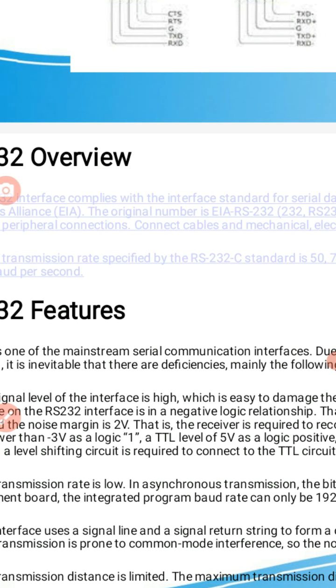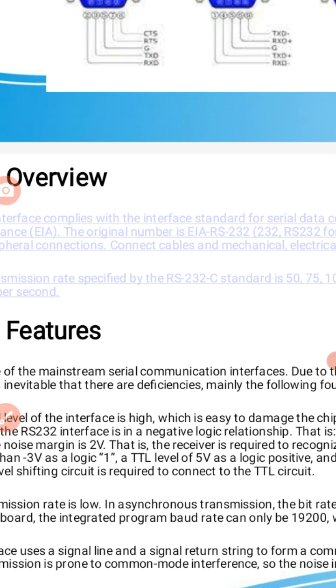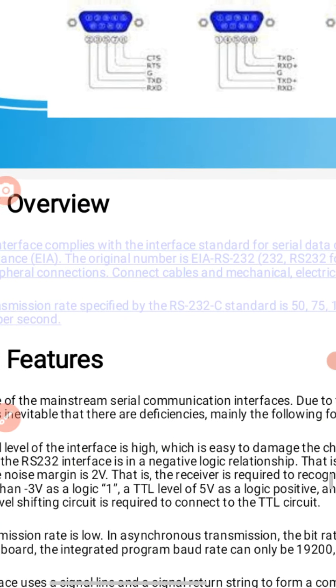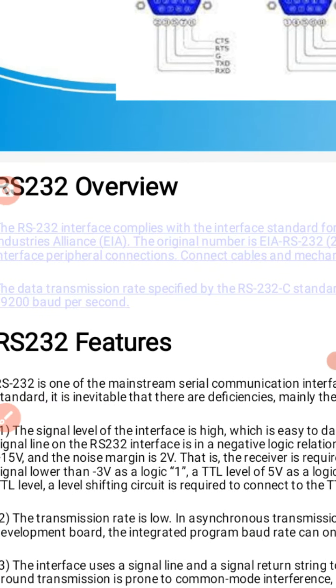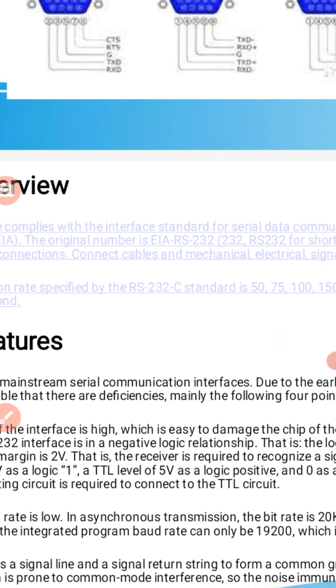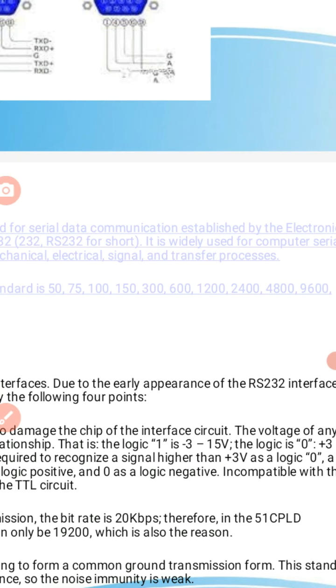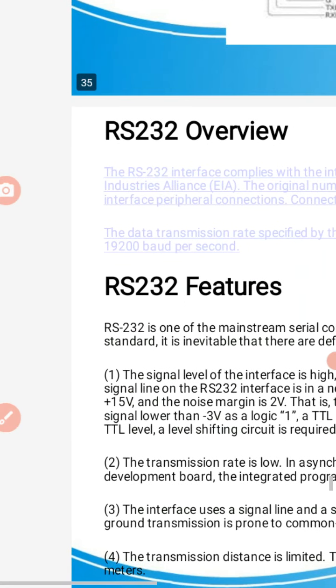A mouse can be connected to the computer or CPU. A keyboard can be connected to the CPU, and this is through peripheral interface connections. It also specifies cables and mechanical, electrical, signal and transfer processes.